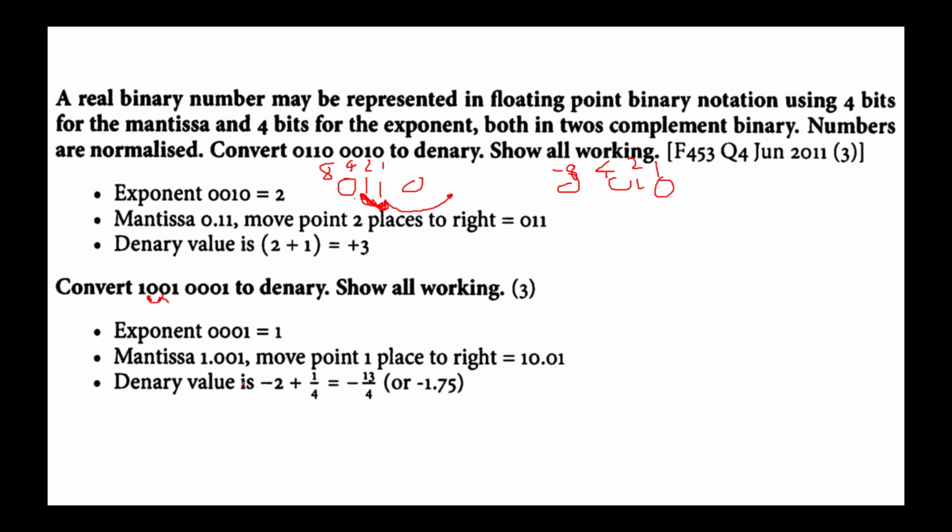Then the denary value is -2 plus a quarter, which equals -7/4, or -1.75. I kind of get that. So let's have a look at the next set of questions.